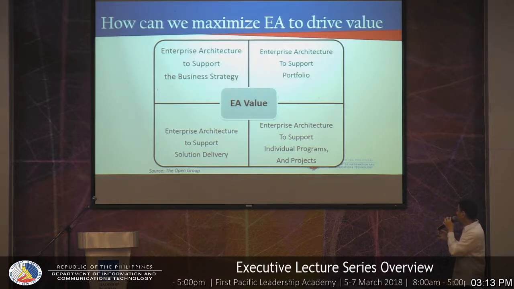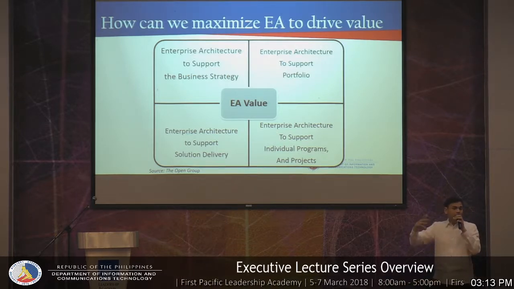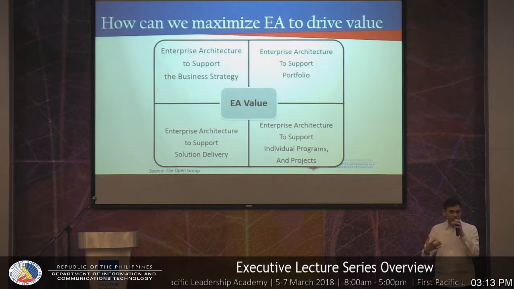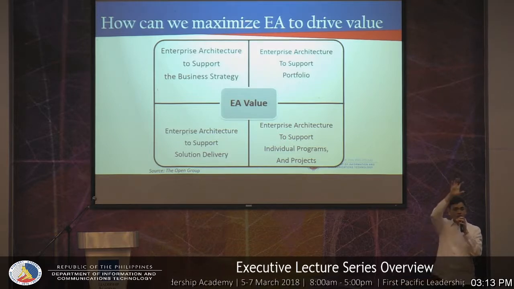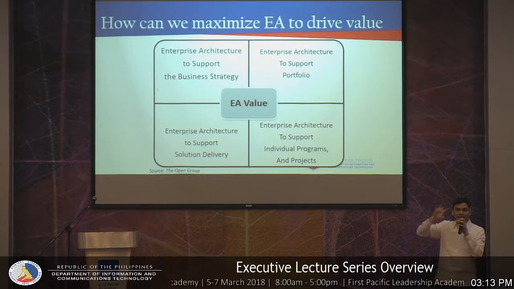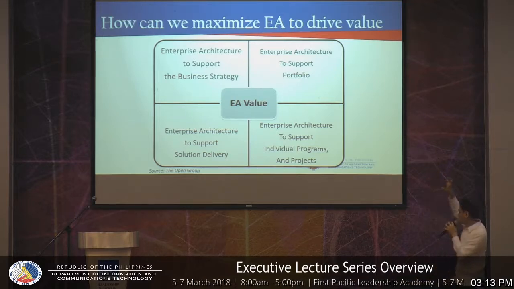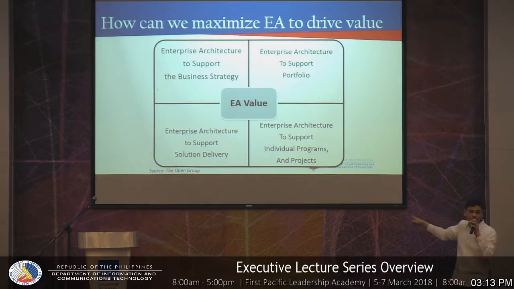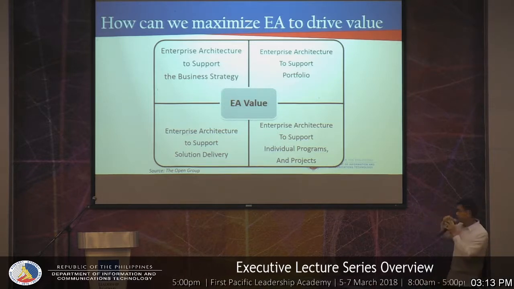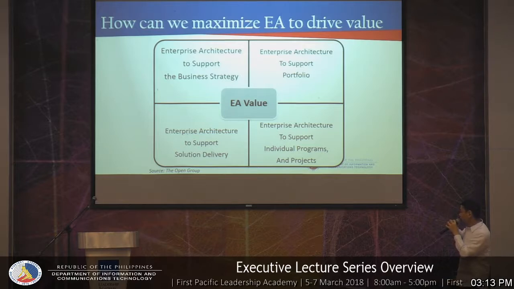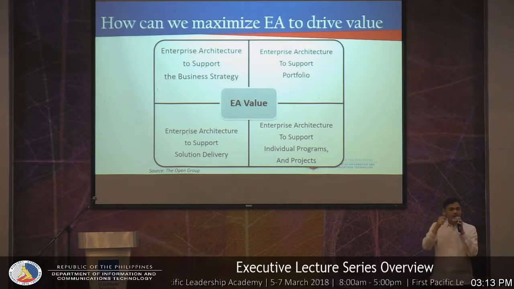Number two, EA can support your portfolio of 100, 200, 300 projects. Because it makes sure that all those projects are all interrelated to the strategy as well. Number three, EA to support your individual programs and projects, similar to what I shared earlier. And number four, EA to support your solution delivery.